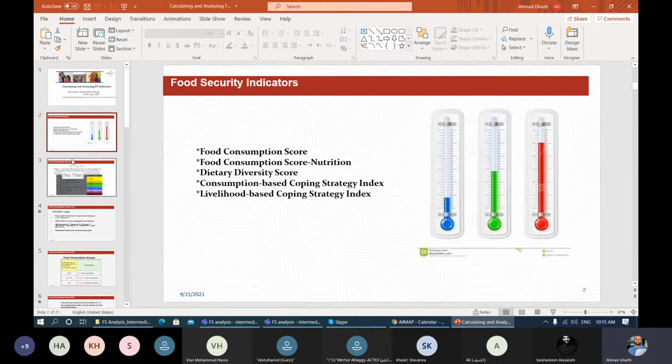So bear with us. Feel free to ask any questions that come up. And after we do the food security indicators, we're also going to talk about the expenditure analysis. If we have time, that might be more for tomorrow. We'll see how much we get through.